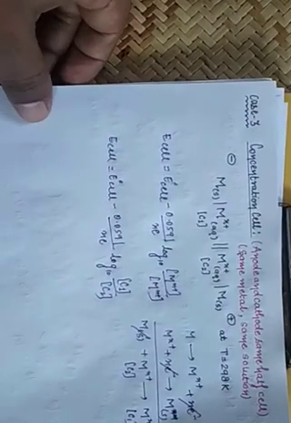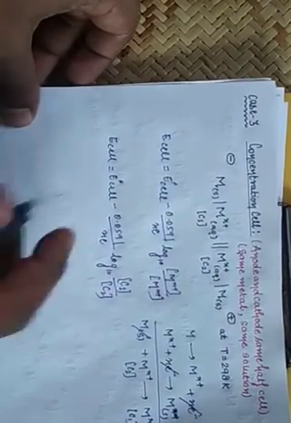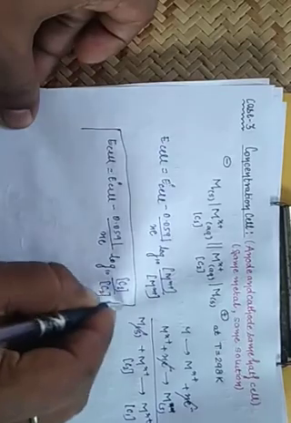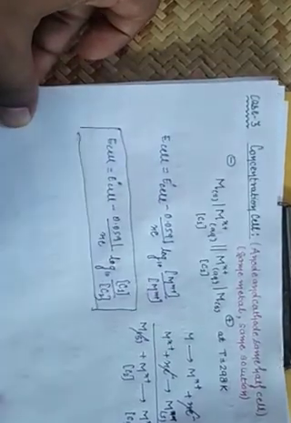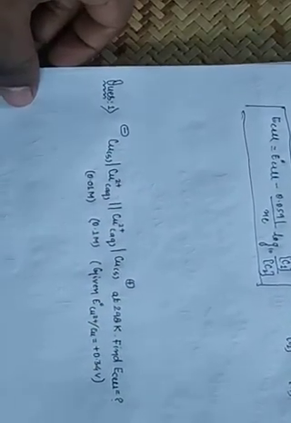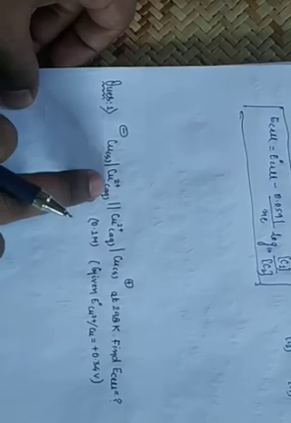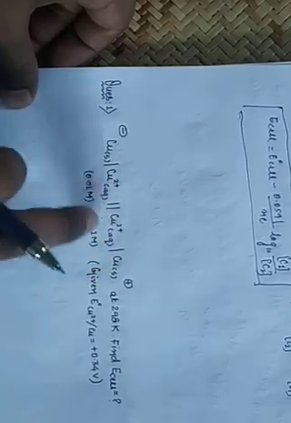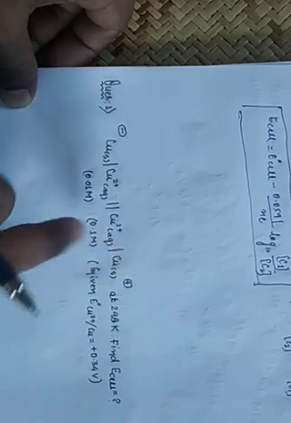Clear? So this is a very easy formula. This is the concentration term part, and the numerical is based on this concentration part. Here both the metals are the same but the concentration is different.